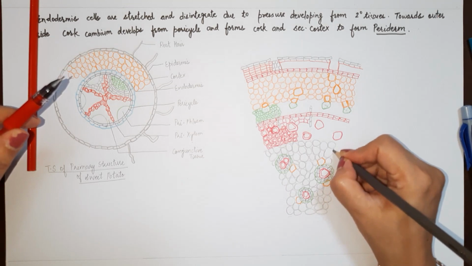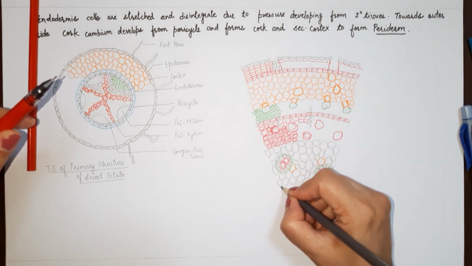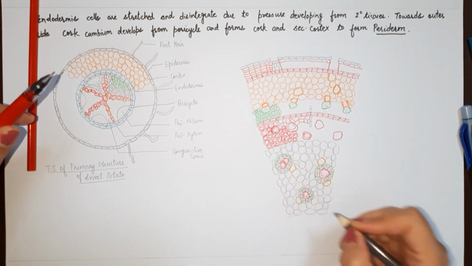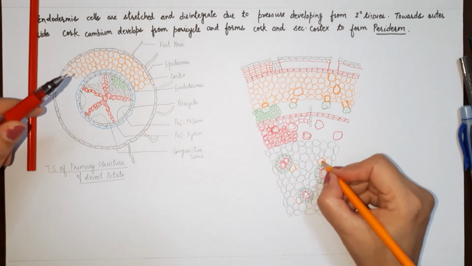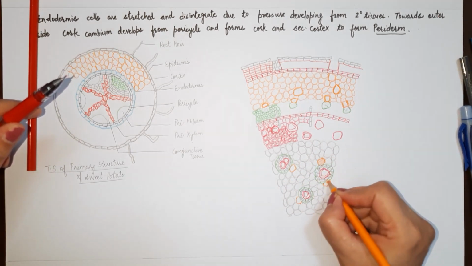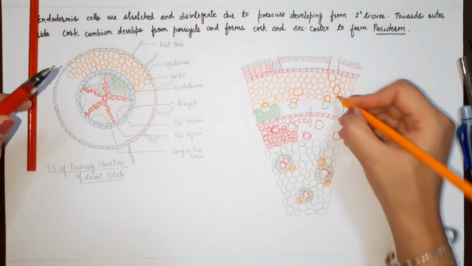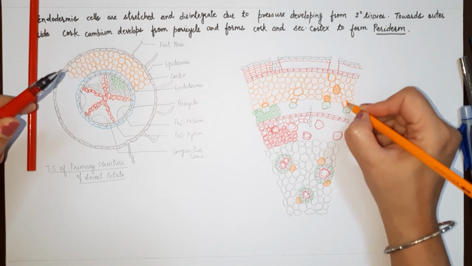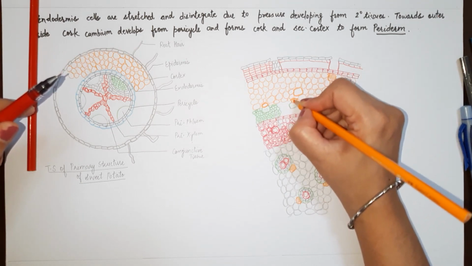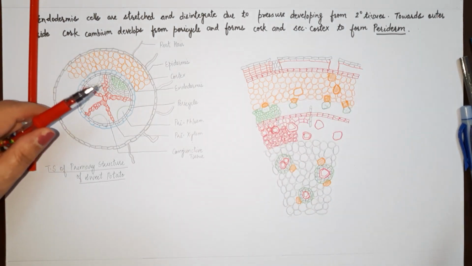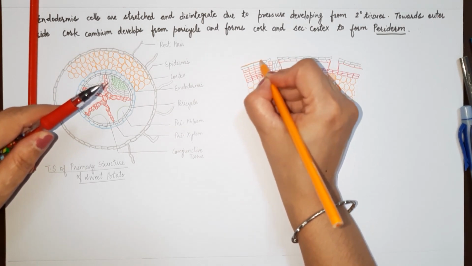Okay, tyloses, the outgrowths of parenchyma cells, xylem parenchyma in the lumen of vessels and tracheids, so that they stop conducting. Okay, so these are latex canals. Here also. So this is the structure, and towards outside we have cuticle.